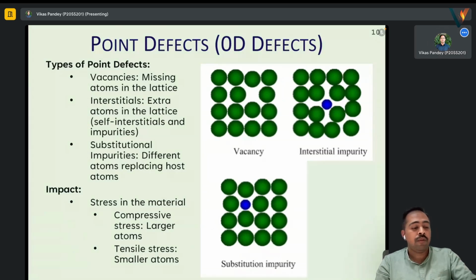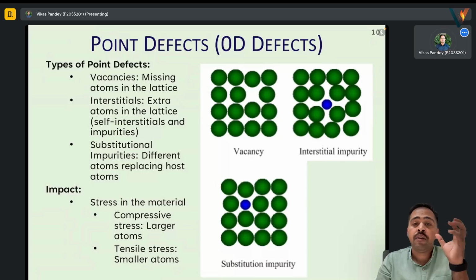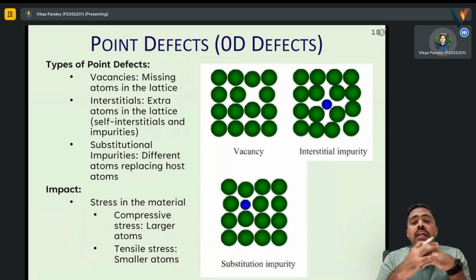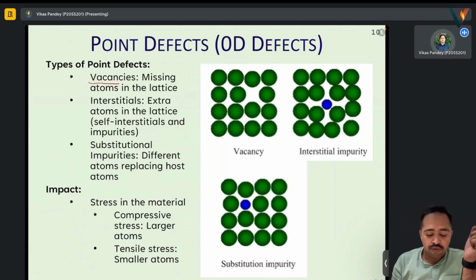Okay, these defects are, as I said, where one or more than one atoms at discrete positions can be involved. The first type of this is vacancies.